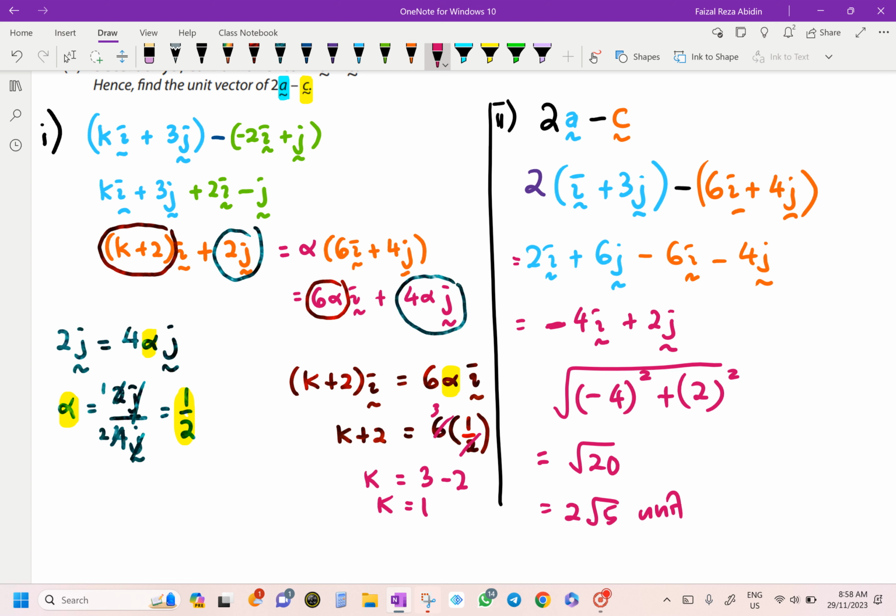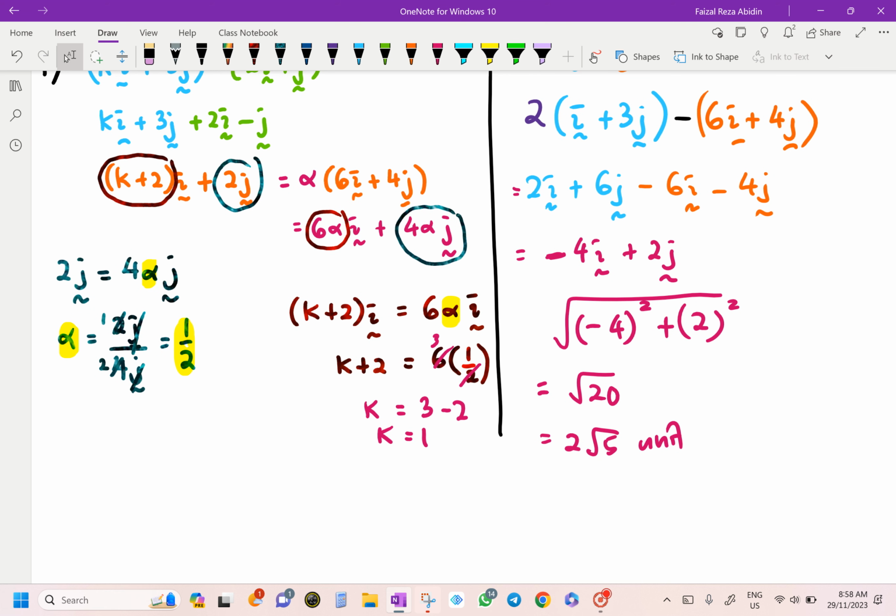So if we are going to find our unit vector, it means that you already have your magnitude over here. So we are going to have negative 4i over 2 root 5, plus our 2j over 2 root 5.